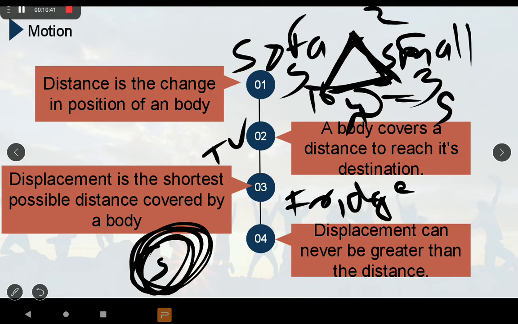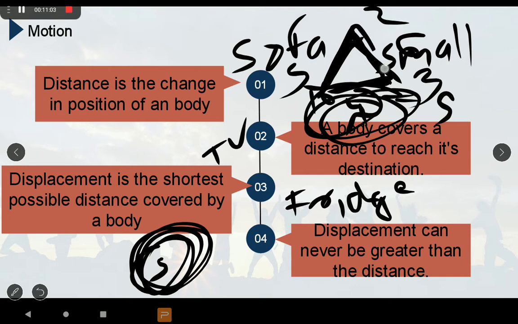If I ask you to take the shortest distance to go to the fridge, of course you will say, I will take the 4 steps way, right? And this answer which you chose is known as the displacement. If you choose the second, lengthy way, and I ask you to find the distance, you will choose A, B, and C.